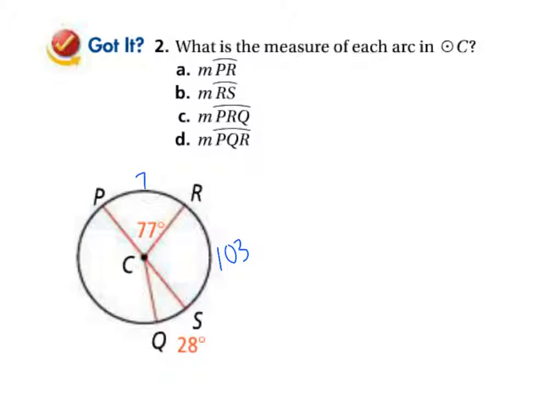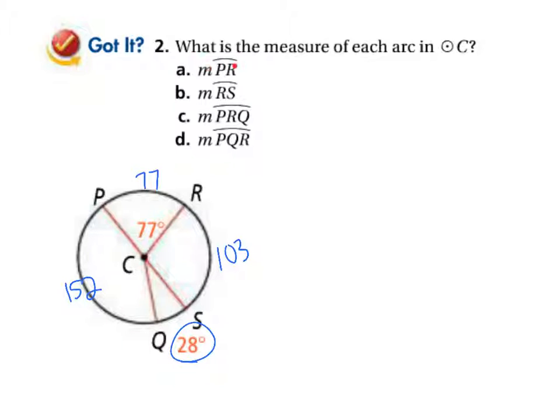I'm going to put my 77 on the outside there, and then I have my 28, and I'm going to do the same thing for my arc PQ. Again, it's part of a semicircle. This much is 28. What's left for the rest of the 180? So you subtract that out, and you get 152. I'm going to throw a 152 out here on the outside of that arc. Like that.